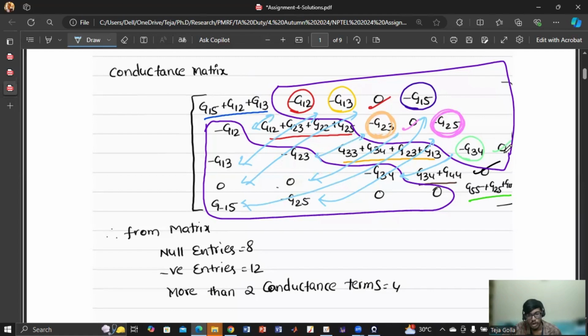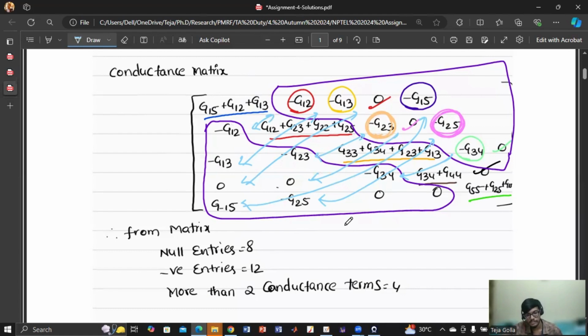So negative are 1, 2, 3, 4, 5, 6 on this side and 6 on that side. So 12 entries. And more than two conductance terms, this is 1, this is 2, this is 3, this is 4. So 4 with more than two conductance terms.